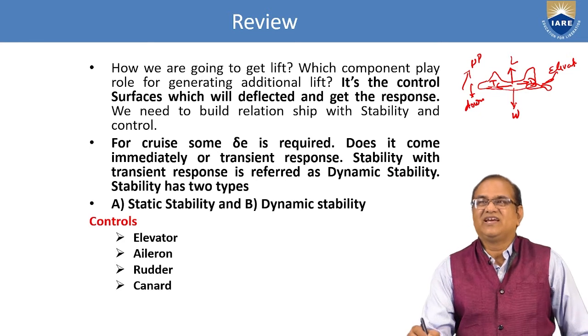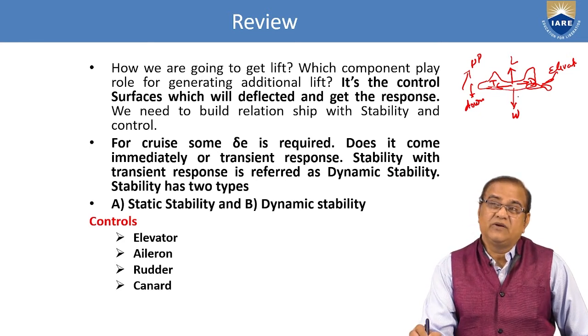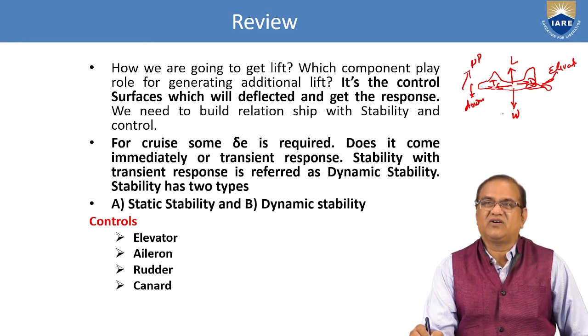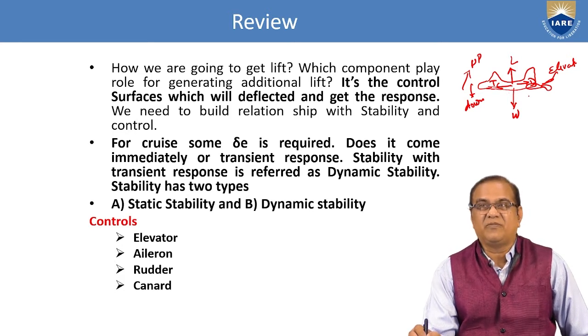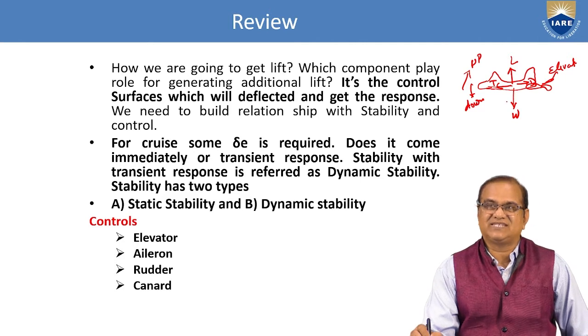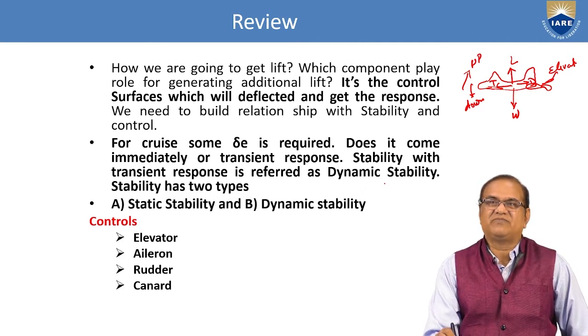In this unit we are only considering static stability, and we can see that as and when I apply the control, it will not respond immediately. It will take some time, transient.